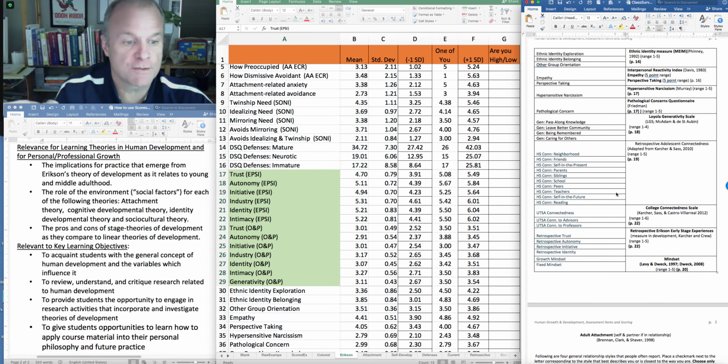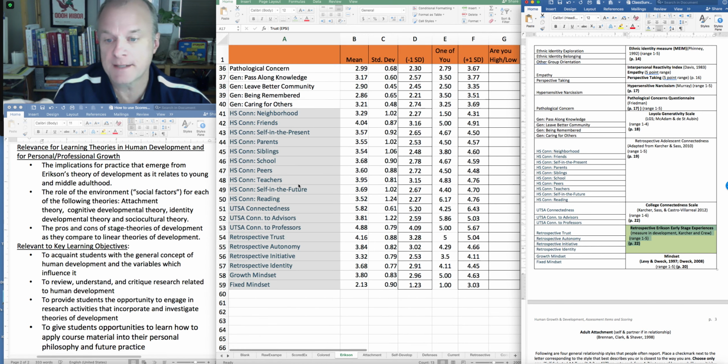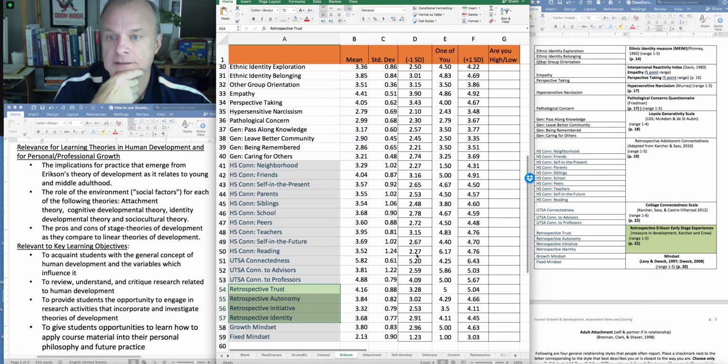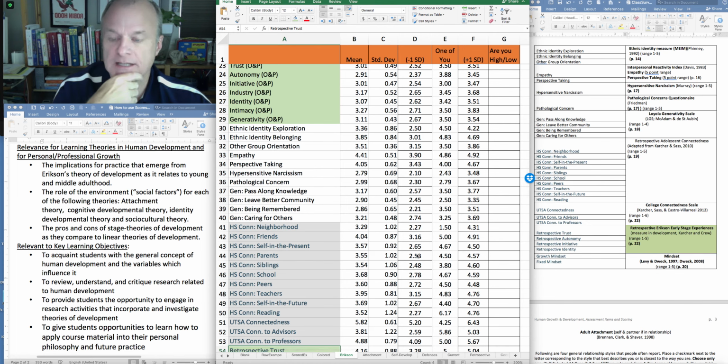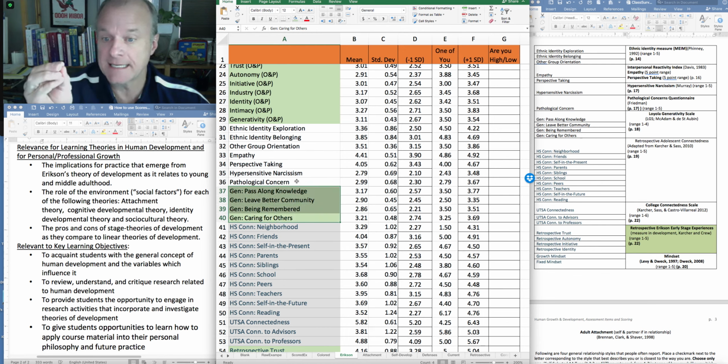But there's also the ones we made in the class. So these also are Erickson stages. They're just the retrospective ones. So we come down here to these Erickson stages, and that should be it for the Erickson constructs, except that generativity is a construct in the Erickson stages, and a measure of generativity, called the Loyola scale, falls in here, and it's not exactly as Erickson described it.